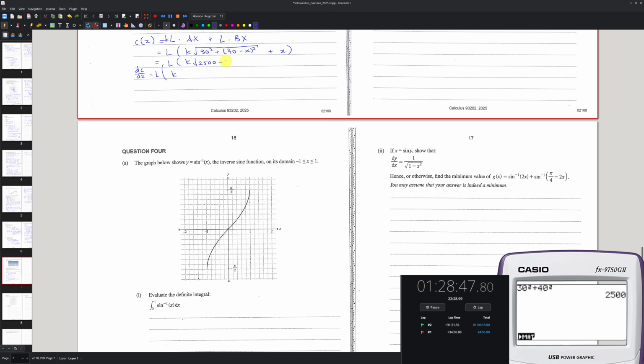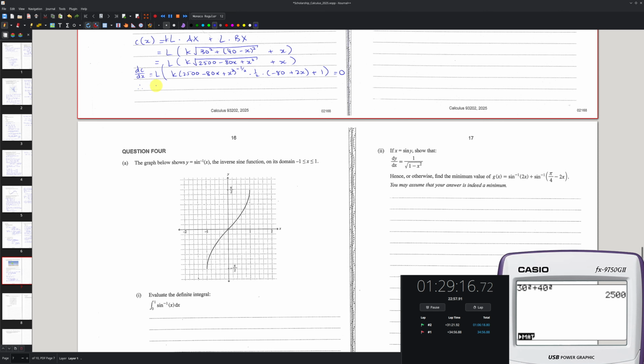So 2500 minus 80x plus x squared, plus x. That's 2500 minus 80x plus x squared to the power of a half, times a half because you differentiate that, times negative 80 plus 2x. Okay, and then plus 1 equals 0.